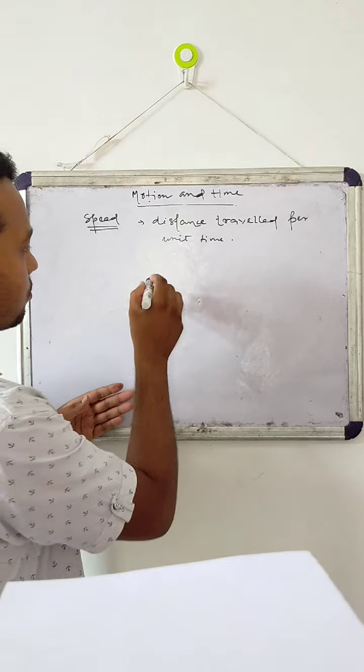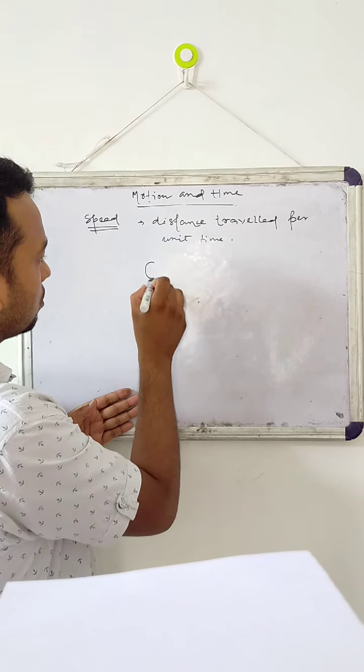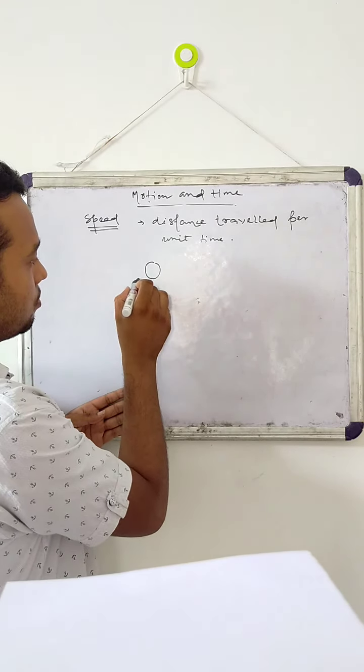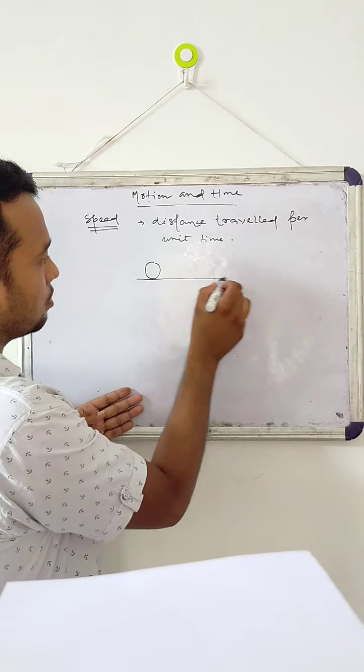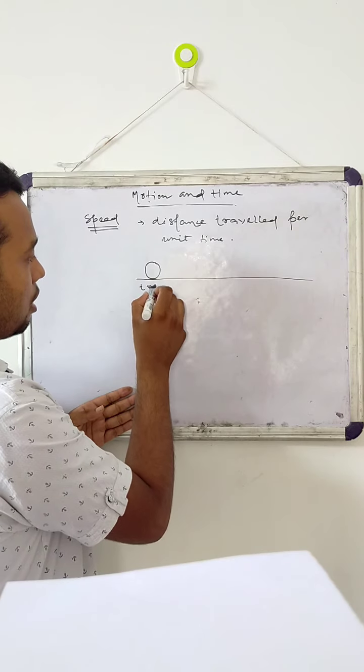Suppose this is an object. Here the initial time is suppose 0.